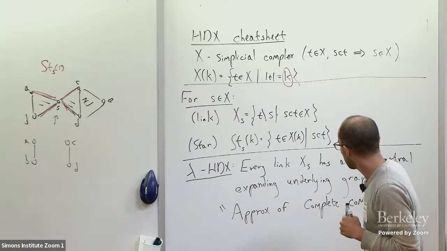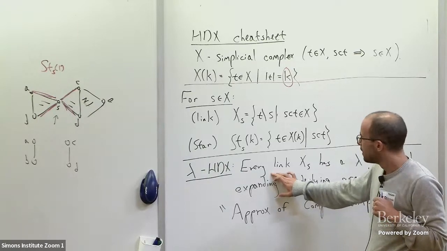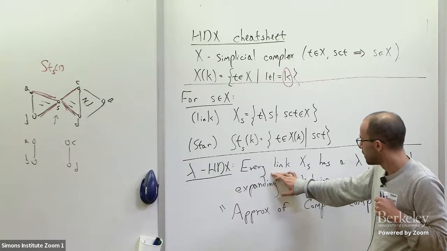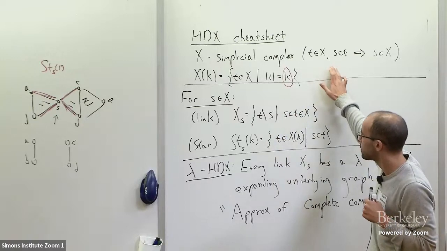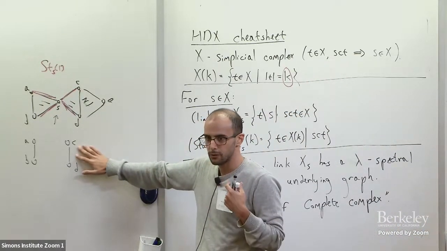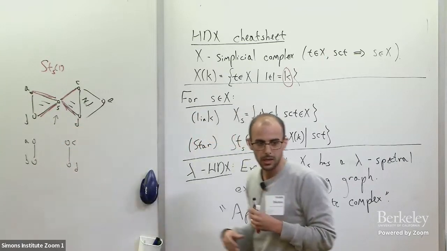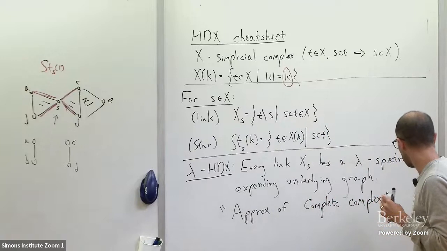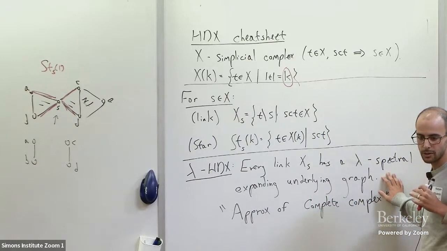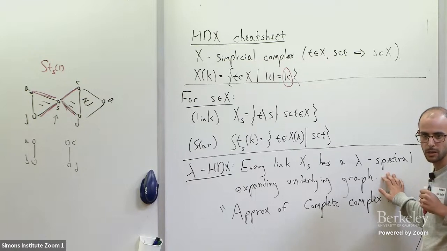One last thing, I should define now high-dimensional expanders. Basically, high-dimensional expanders are these simplicial complexes where the underlying graph in every link should be an expander graph. So this is a non-example because this is not even connected. However, I'm only writing this down here so that those of you who know this definition already will know what I'm talking about.